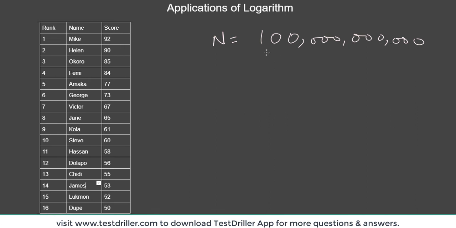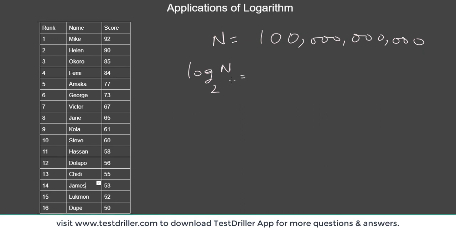It means you are going to make 100 billion guesses, or you're going to search up to 100 billion items before reaching the answer. But if you use the binary search approach, in the worst case scenario, you are going to check just log n to base 2 items before reaching the right query or the right position.